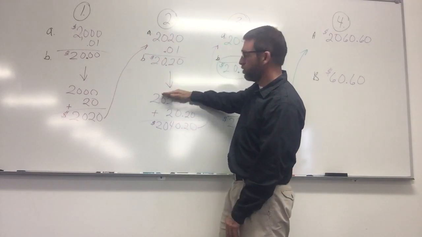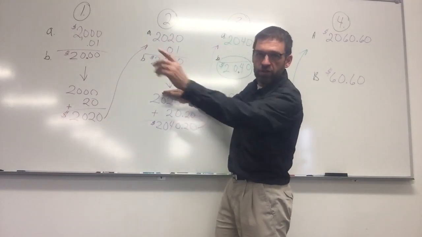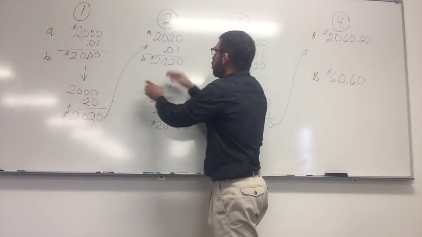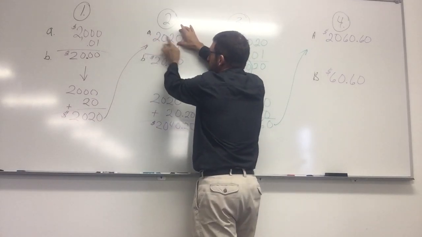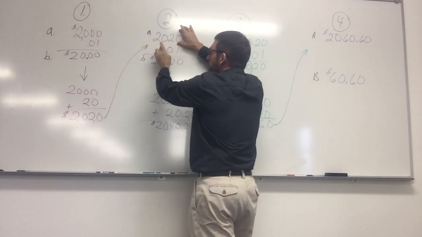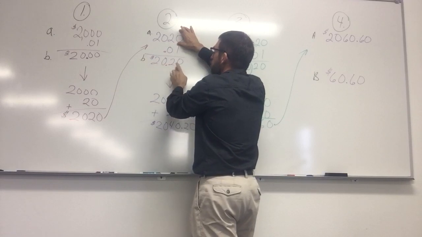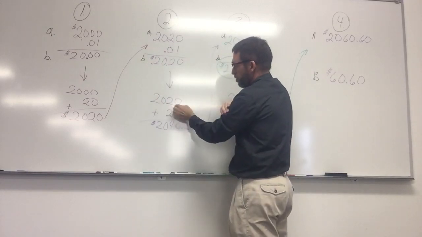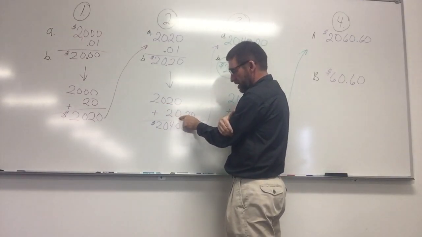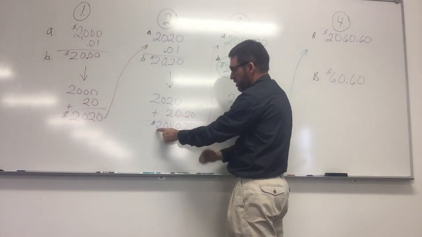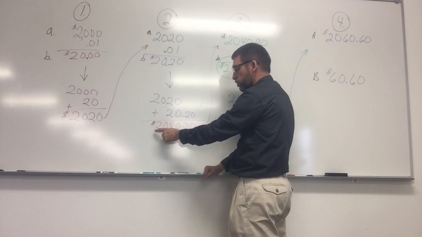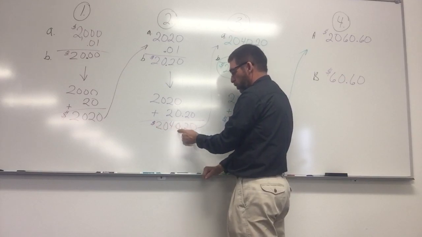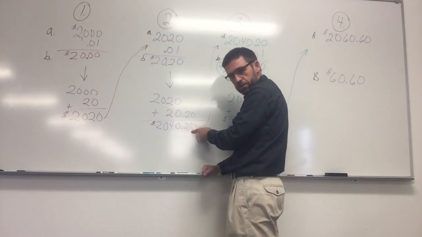Now, you come down, you'll do the same steps as you did in number 1. You will add your principal of $2,020 and $20.20. So down here, I added the principal and the interest for the second year, which left me with $2,040.20.